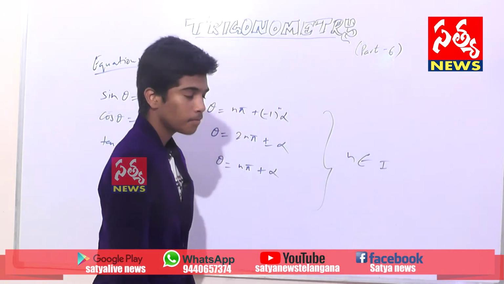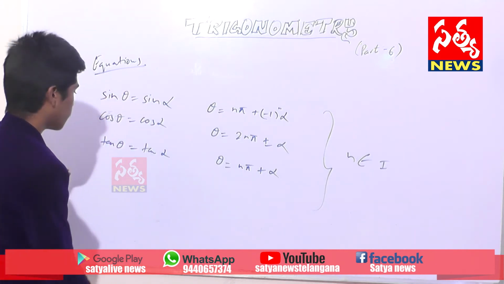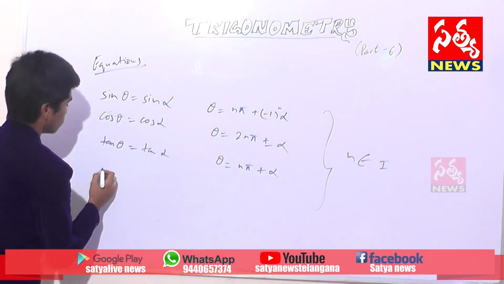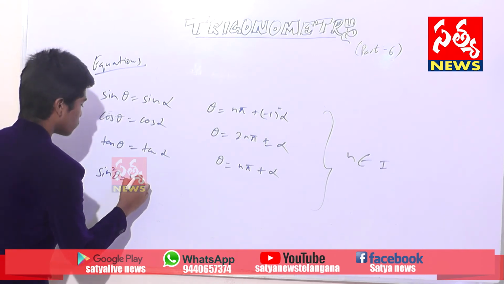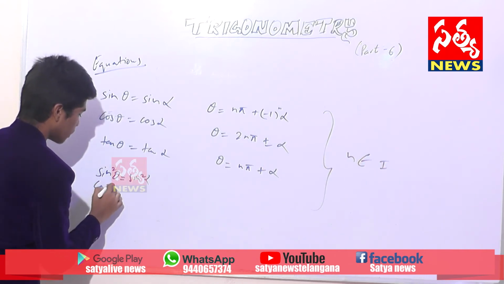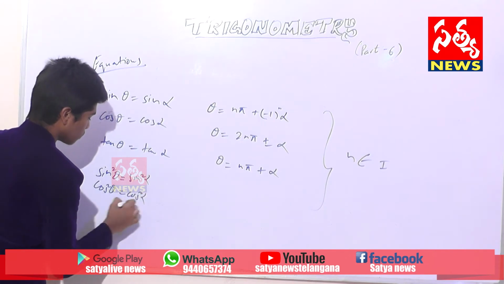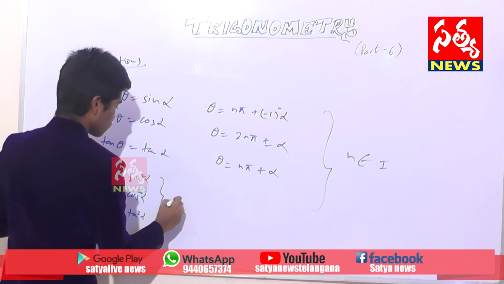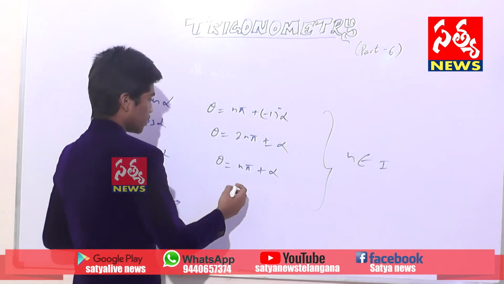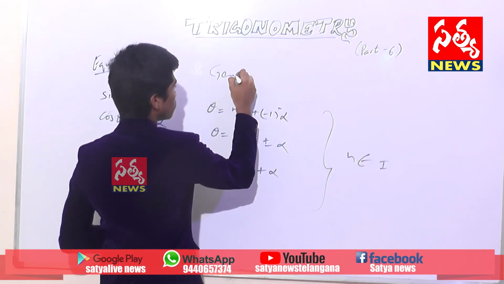These are conditions. N belongs to I, I is integers, right? And the next three are the same. If sin square theta is equal to sin square alpha, cos square theta is equal to cos square alpha, tan square theta is equal to tan square alpha, these are general solutions.